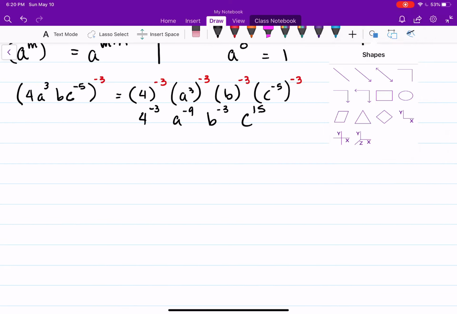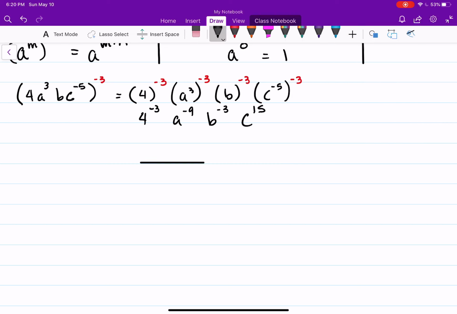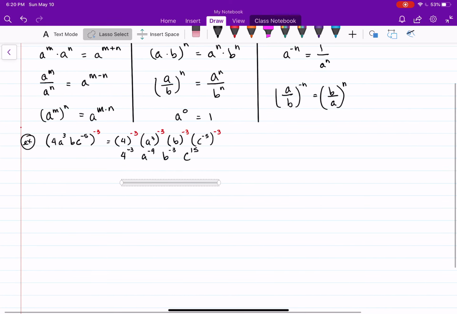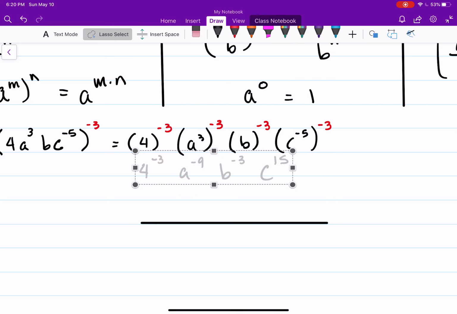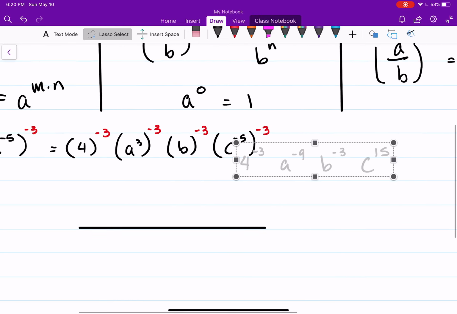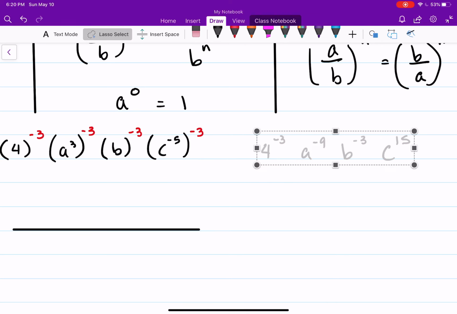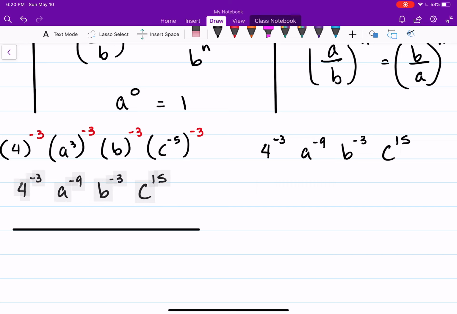So now I have a fraction. Okay, let me see here. You know what? Let's do this really quick. Let me take, okay, I actually took it. No, because I kind of want you guys to see all of this.